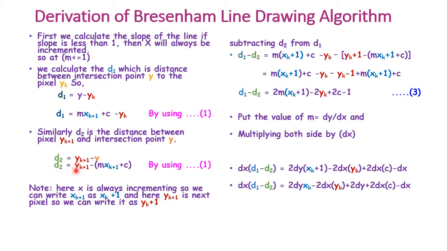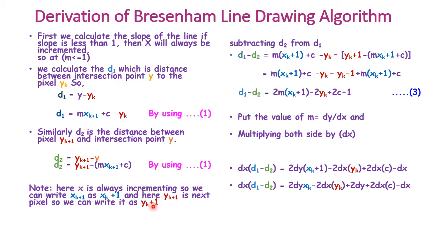So d2 is equal to yk plus 1 minus in bracket m xk plus 1 plus c. Now here we get two equations for d1 and d2. Here x is always incrementing, so we can write x as xk plus 1, and here yk plus 1 is next pixel, so we can write it as yk plus 1.